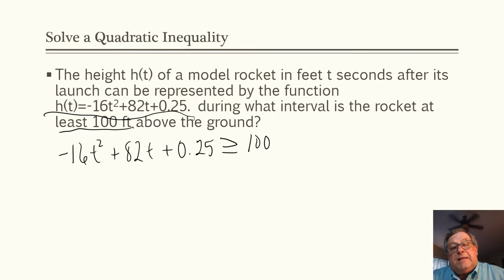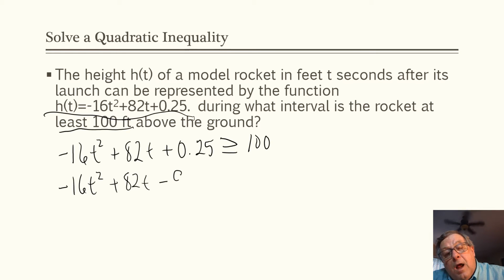But I've got to get this greater than or equal to 0, and then I want to write it so I can graph it on my calculator. So I'm going to subtract 100 from both sides. And so then I got negative 16t squared plus 82t, and then 0.25 minus 100 is going to be negative 99.75.